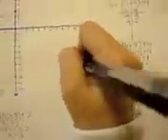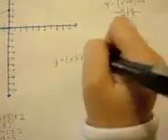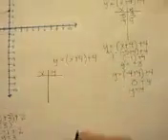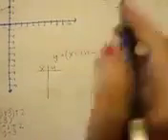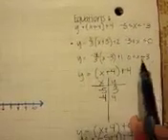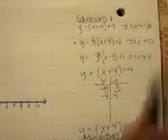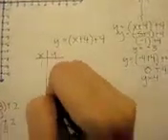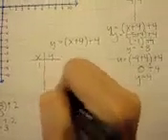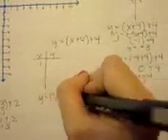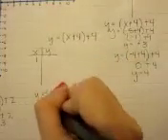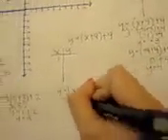y equals 2(x plus 4) plus 4. And then I do a table again. And over here it says that 0 to 3 is the scale, but the 0 is not included. So I'm going to start with the 1. So y equals 2 times (1 plus 4) plus 4.